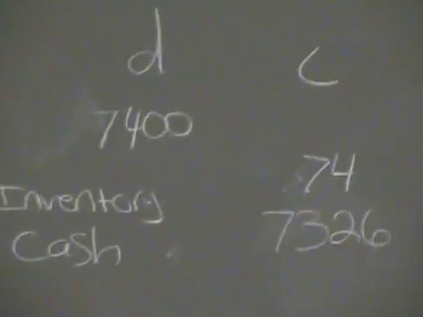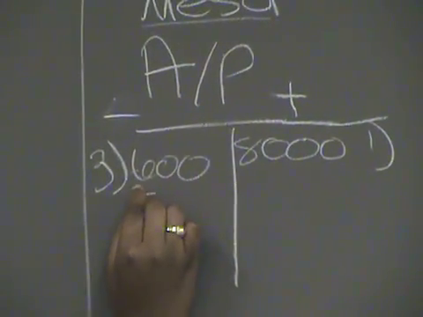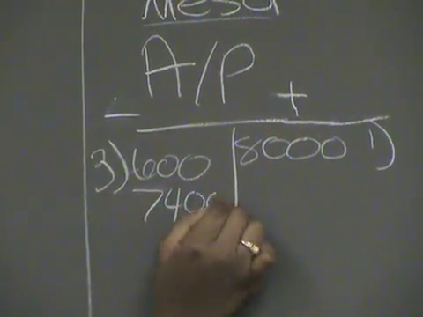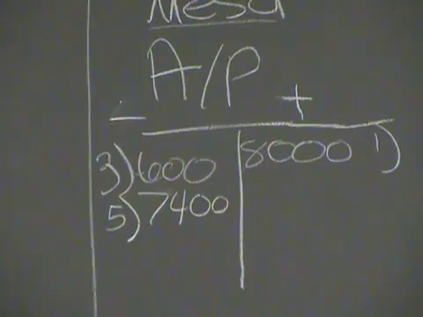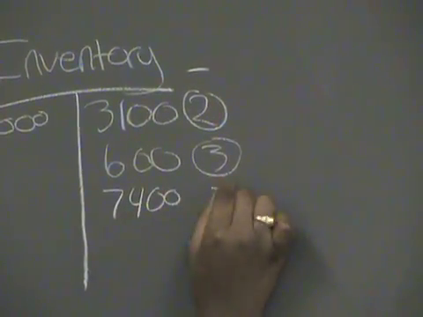Okay. All right, she posts up to her T account. Post up to your T accounts now. She posts up to account payable to make it 0. 7,400, entry 5. Then she posts up to inventory, 74.